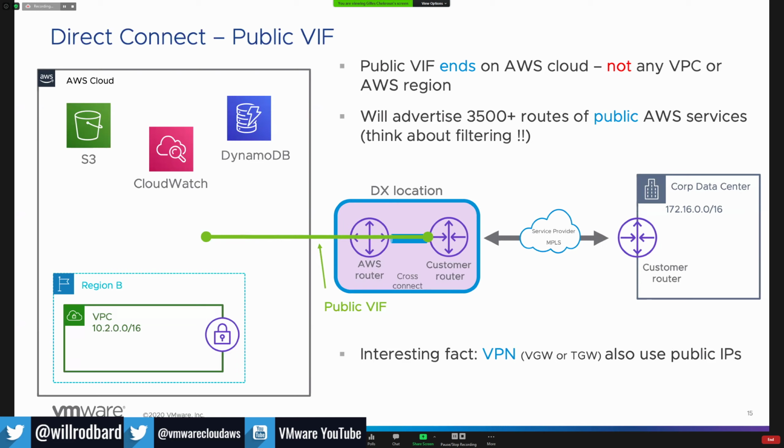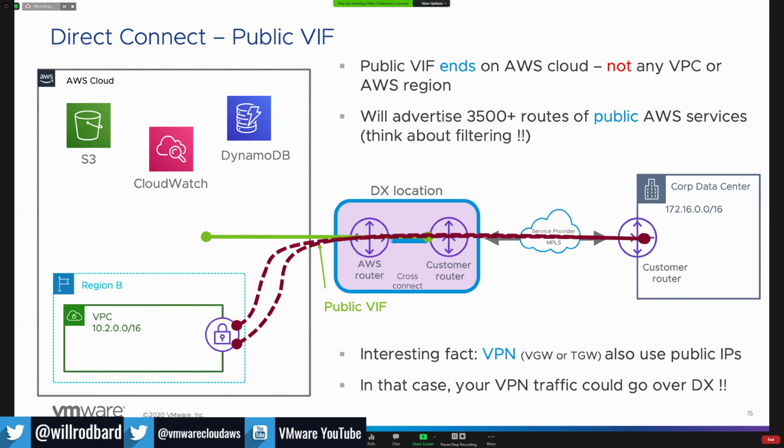And one interesting fact is that VPN, if you use it with a VGW or a transit gateway, also uses public IPs. So when you create a VPN connection, AWS is giving you two tunnels. The ends of these tunnels are using public IPs. And since they are using public IPs, they will be advertised on a public VIF. Something interesting because now you can actually have your VPN traffic go over your Direct Connect. This is really cool.